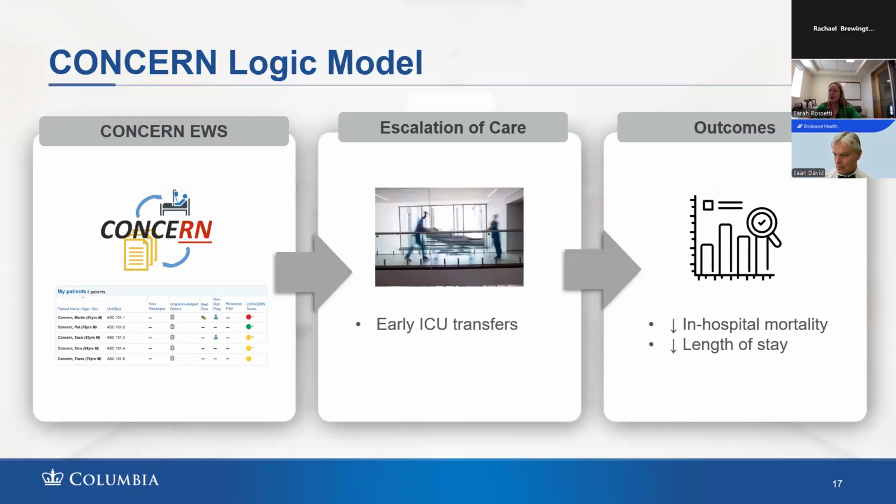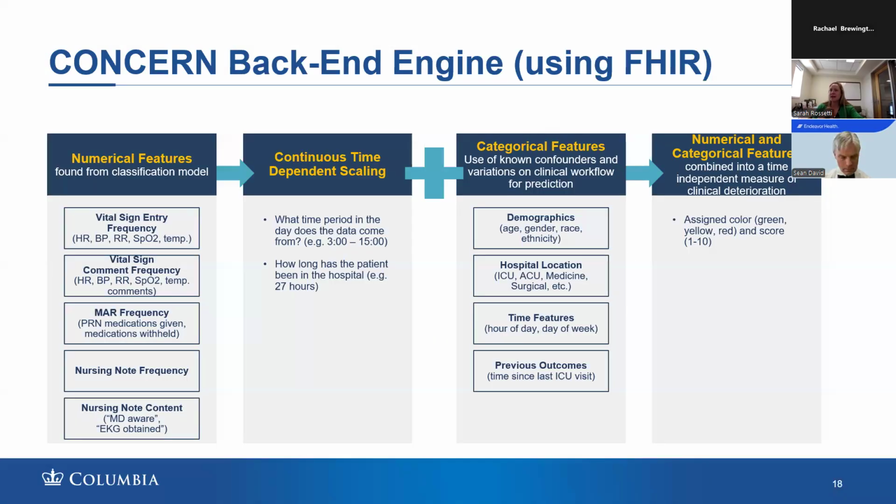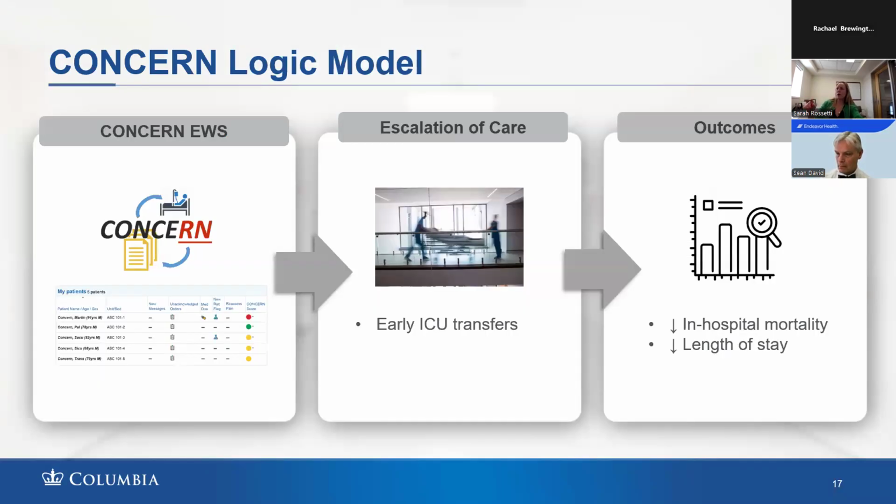So we were thinking, okay, what is really the mechanism of action there? And apologies there. What I wanted to also note is that we then did look at the data for just patients on the concern intervention units, and we found that those who were transferred later than 36 hours after their concern score changed actually had a much higher risk of mortality.